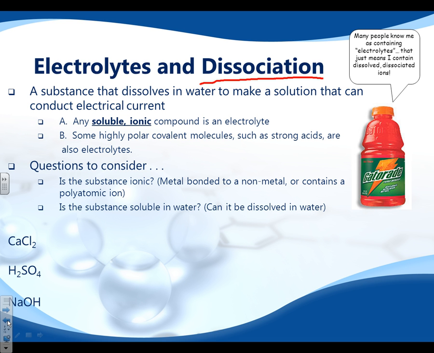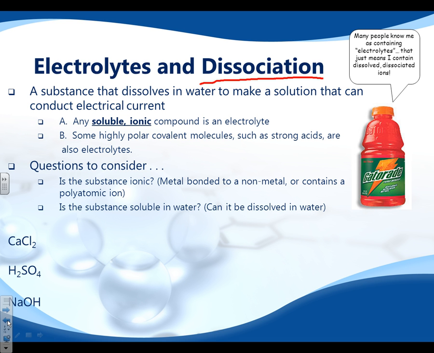A way that we identify an electrolyte is simply this. It's any soluble ionic compound. It has to be soluble and it has to be ionic.